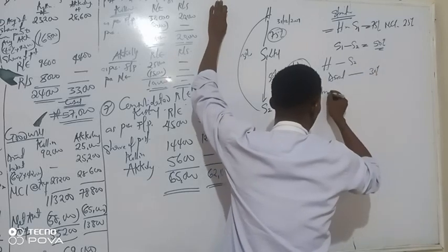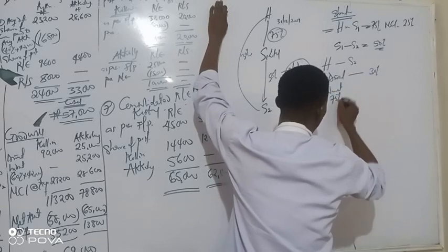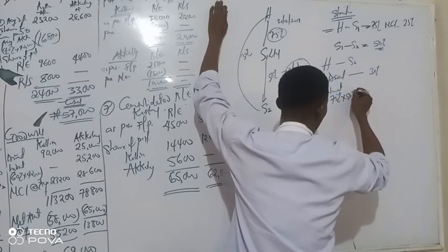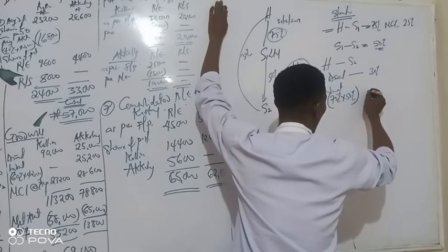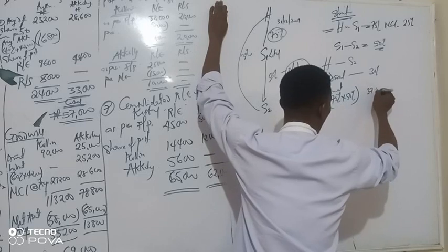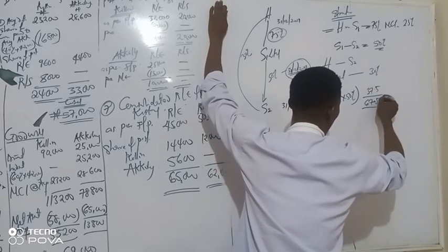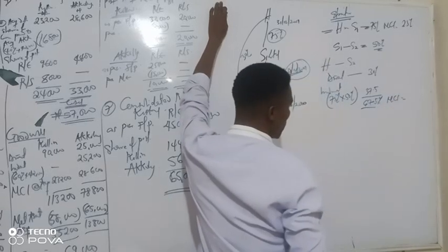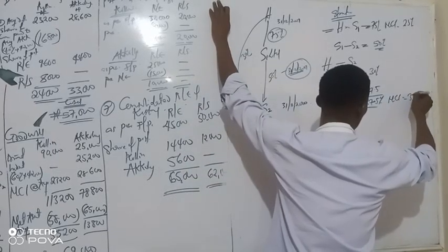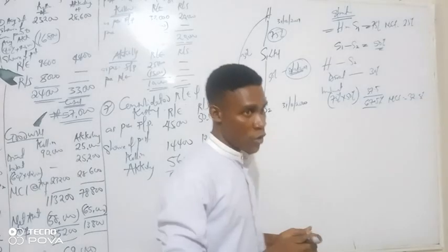Then the one that is indirect, 75% times 50%, that's 37.5%. So our total is 67.5%, and our NCI will be 32.5%. So this is the control that we need now to consolidate.